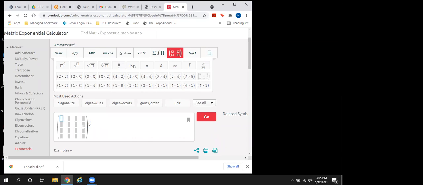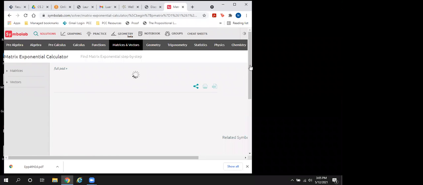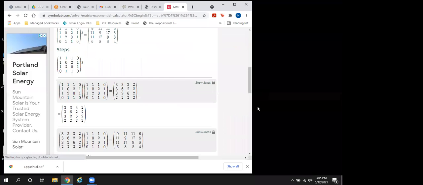It was 1, 1, 1, 0. Next row, 1, 0, 2, 1. Next one, 1, 2, 0, 1. And the last one, 0, 1, 1, 0. All right, so cubed, click go. And let's see what we have here.